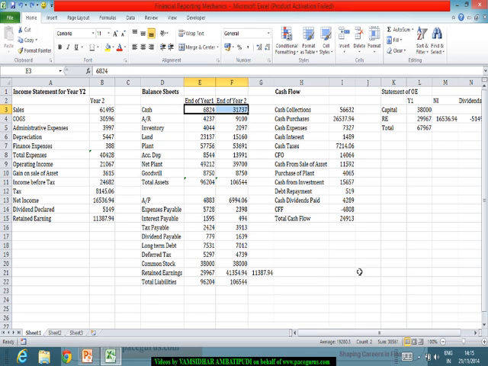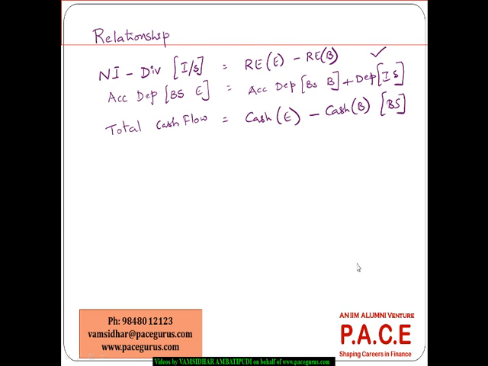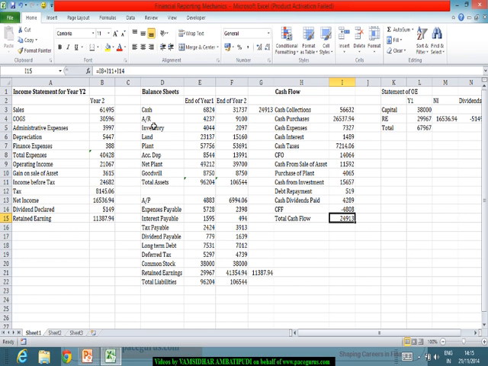The cash flow that we are getting through the cash flow statement should match the difference between the cash that is coming from the balance sheet. One more important relationship. If I simply see the difference here, it is 24,913. Even here the value is 24,913, which means there is a kind of synchronization between the income statement and the balance sheet: one through the retained earnings, and two between the depreciation and the accumulated depreciation of the balance sheet.